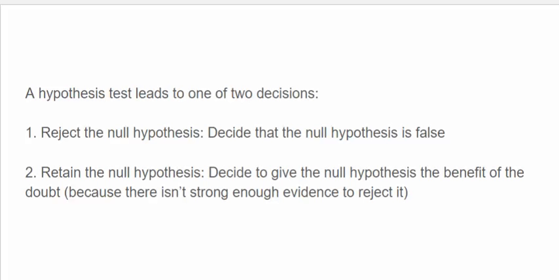And let's go back to one of our scenarios and talk about what it would mean to reject or to retain the null hypothesis in that scenario. So imagine that I want to know if people who use social media tend to be different in self-esteem compared to non-social media users. Well, if I collect my data and I end up concluding that there is a difference in self-esteem between non-users and users, then I've rejected the null hypothesis.